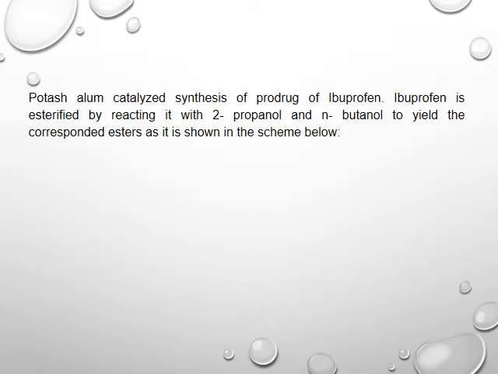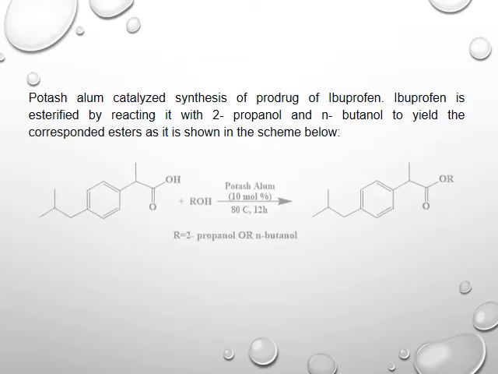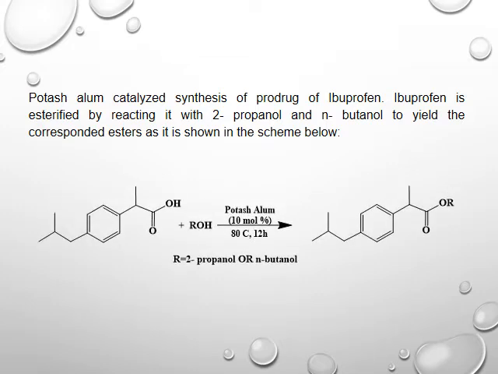Potash alum catalyzes the synthesis of a prodrug of ibuprofen. Ibuprofen هنا يصير به acidification. So this is the structure of ibuprofen, and with ROH, which is any alcohol, could be methanol, ethanol, whatever.